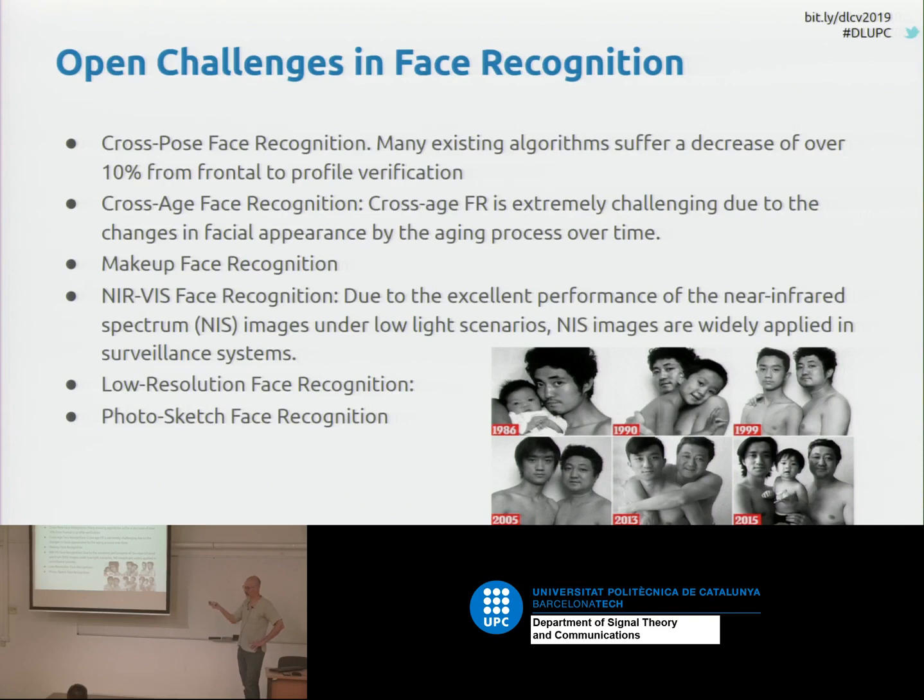For low resolution, in a lot of cases you have a distant camera that can capture only low resolution images, and most of the solutions are quite difficult there. And also photo-sketch face recognition: sometimes you can draw some lines and you want to check whether you can recognize people from that.